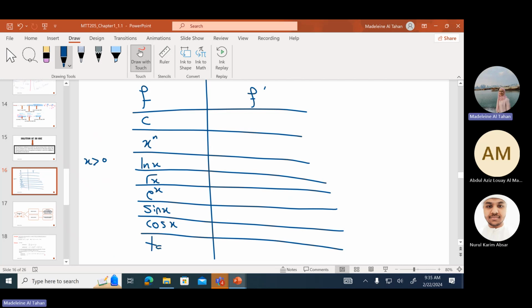Can we fill the table next? I'll give you 2 minutes to fill the table and then we will check it together. By C, we mean constant, okay? Constant, or we say scalar.